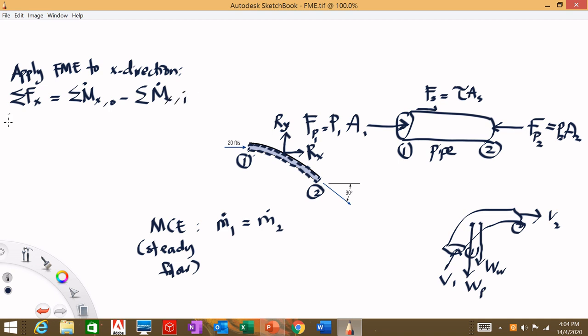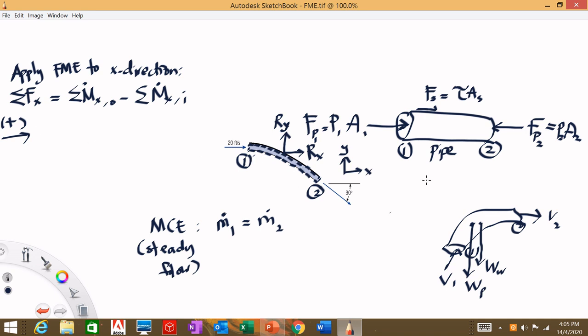I always assume this as positive. I assume this direction to the right. So this is x, this is y, in this question. I assume x to the right is positive.